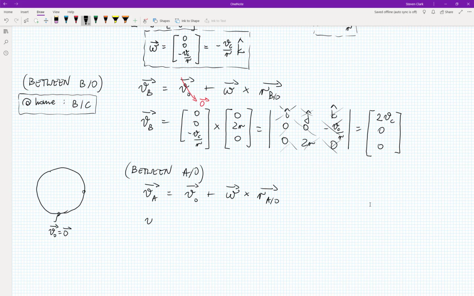Okay, so our VO is 0. Our VA is again equal to (0, 0, minus VC divided by R) times this vector.